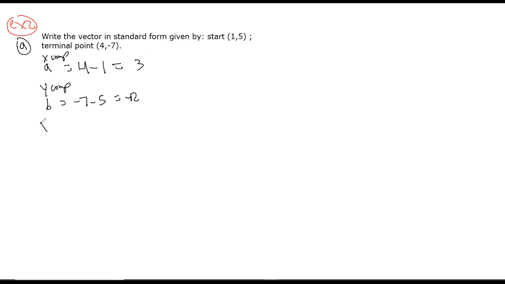So our vector v, whether you write it with bold or with an arrow on the top of it, it's ai plus bj. So 3i, I'm going to do it with the arrow, and then minus 12j.